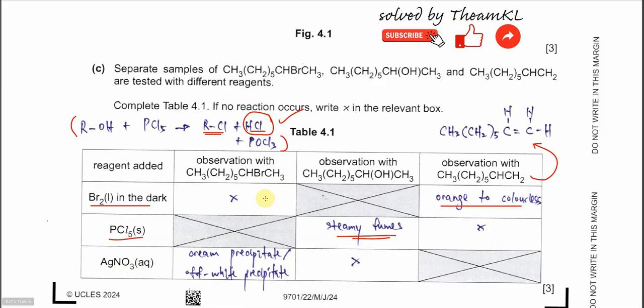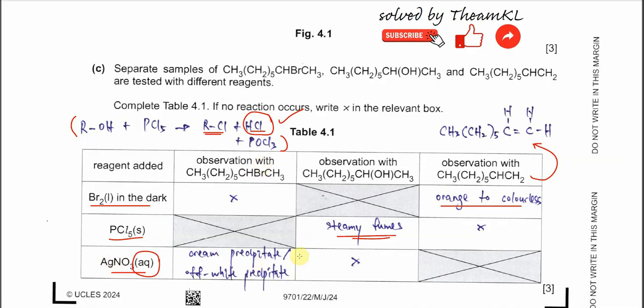For the silver nitrate solution, when this one is used together with the halogenoalkane, first you need to know, because it's aqueous, this halogenoalkane will somehow undergo hydrolysis, and this bromine will be released as bromide, and it will of course form a cream precipitate with the silver ion.